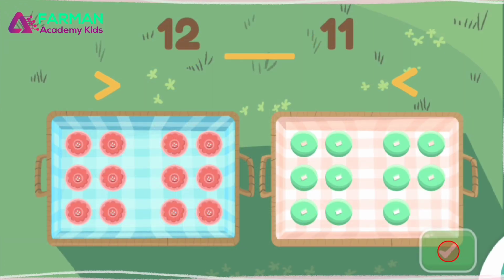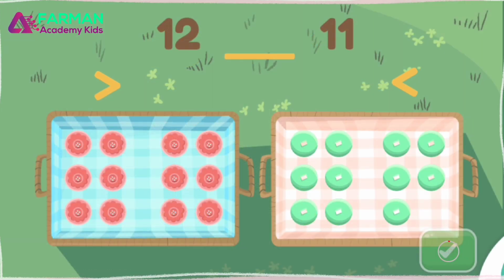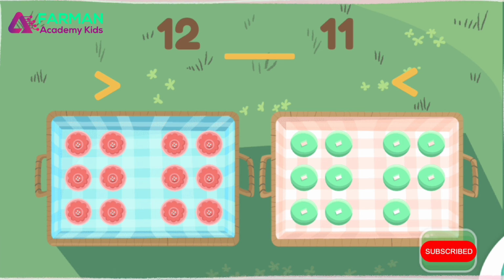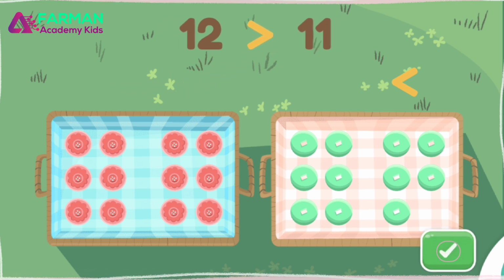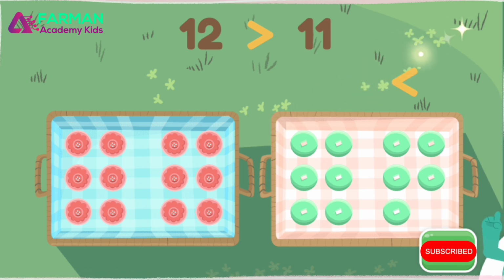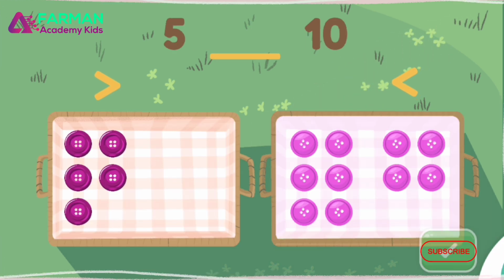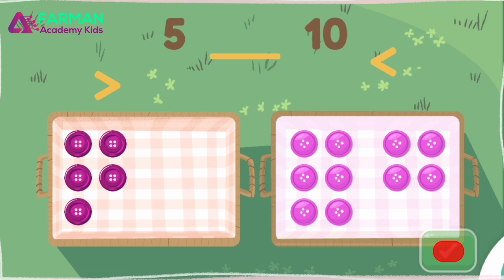Is 12 greater than or less than 11? Drag the correct symbol to the blank. Super! 12 is greater than 11. Is 5 greater than or less than 10?